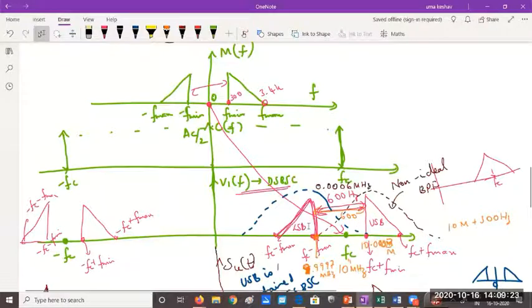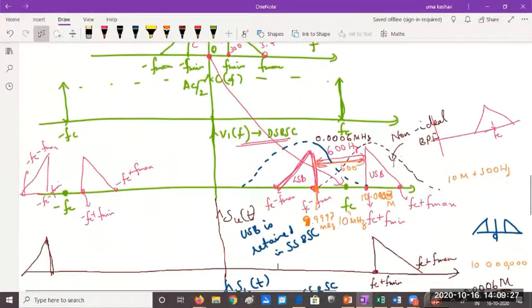And now we noticed, in the last class we were ending it here, that the gap in the two sidebands created is something around 600 hertz. We have a gap of 600 hertz created between the two sidebands. So now can I design a filter so that it will filter out one sideband?